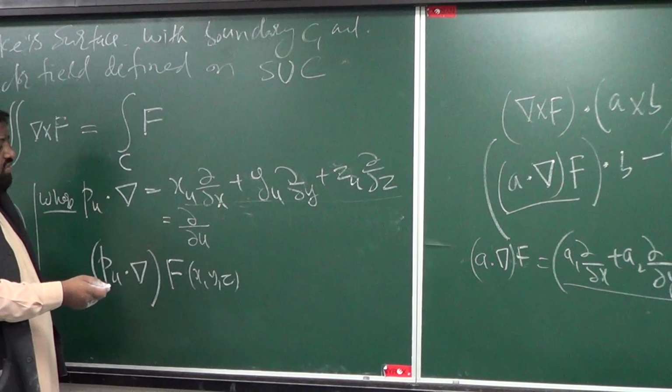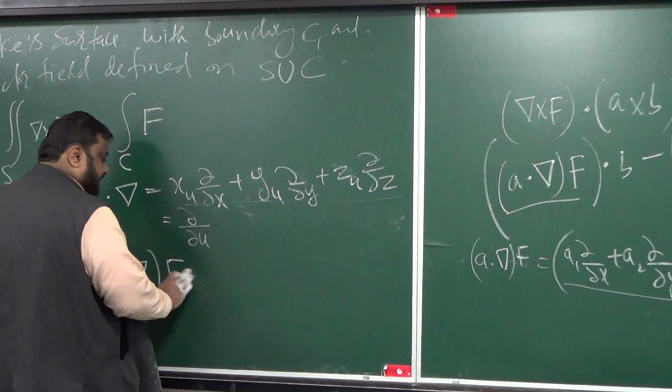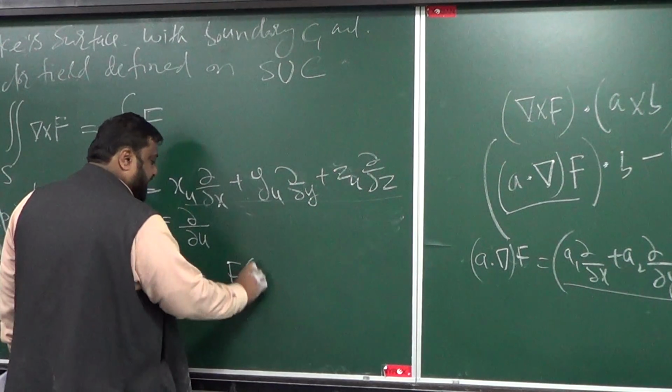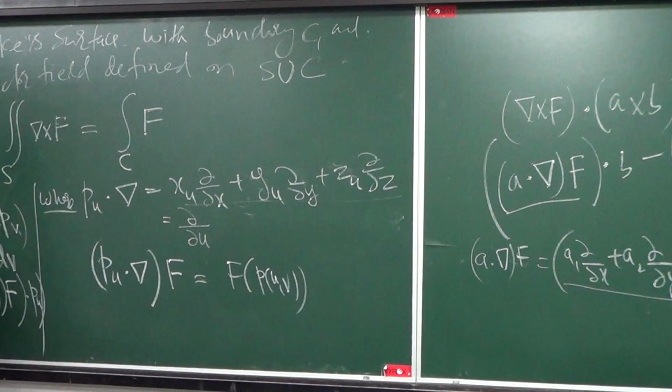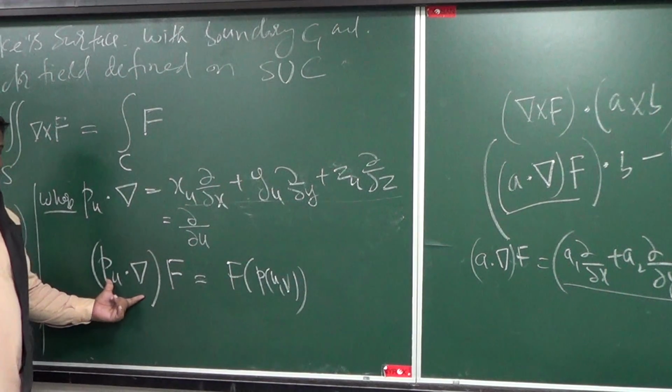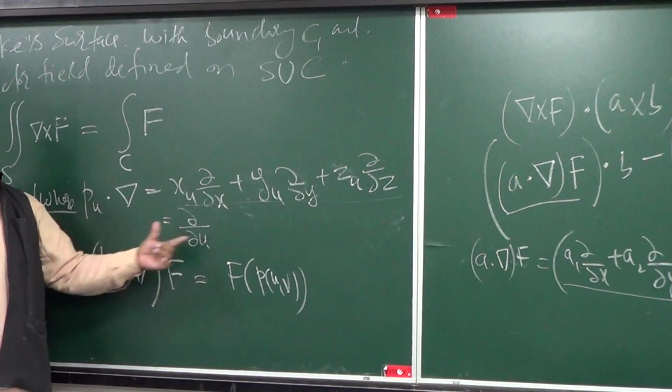And x, y, z is what? If I write this f as p of uv, where p of uv is a map that takes uv and throws it in R3, so it becomes x, y, z. So f of x, y, z is really f of p of uv, and then this operator on f is really like computing the partial derivative with respect to u.